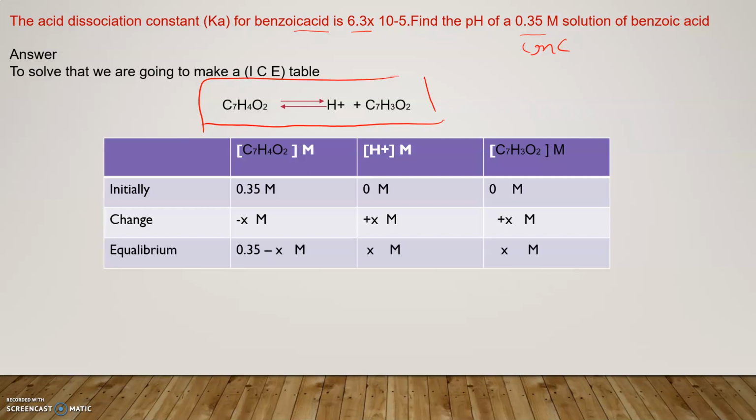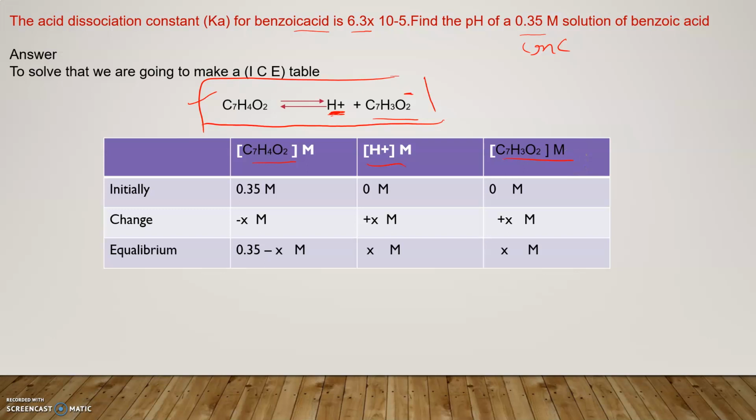So this is a weak acid. Most organic acids are weak acids, so they partially ionize. This is the proton, because acids are proton donors, and this is the anion. So in the table, we have the reactant and both of the products.